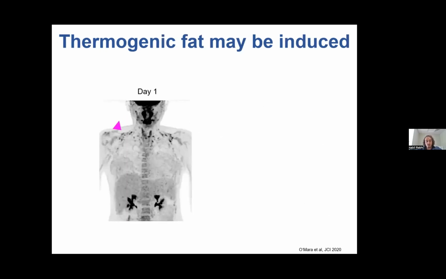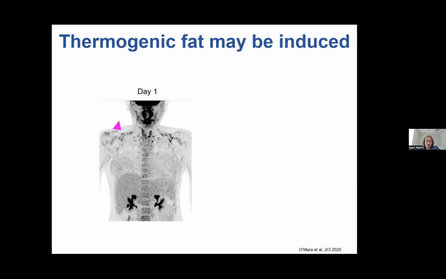Moreover, more recently, another group used a drug that was approved by the FDA that targets specifically the beta-adrenergic receptor. And they treated patients that do not express brown fat with this drug for 28 days, and they performed PET scans before and after.